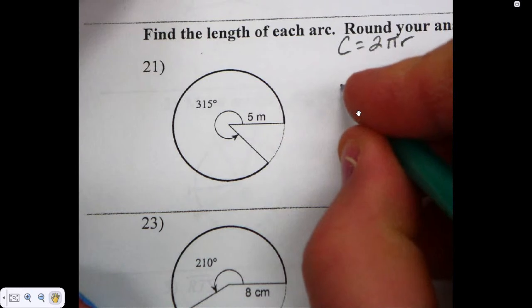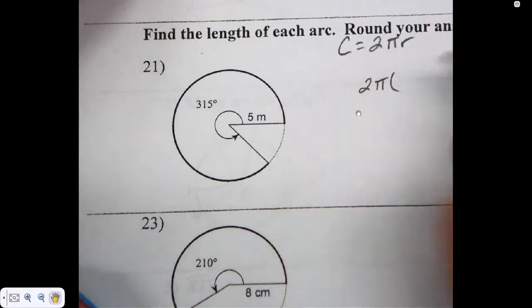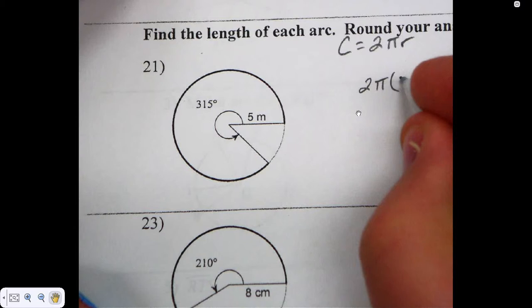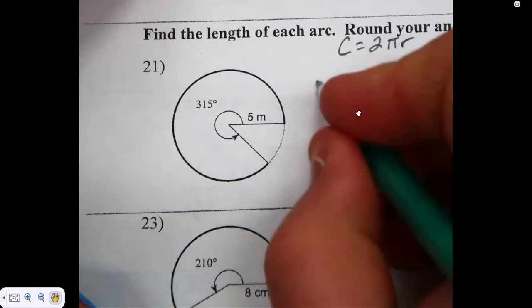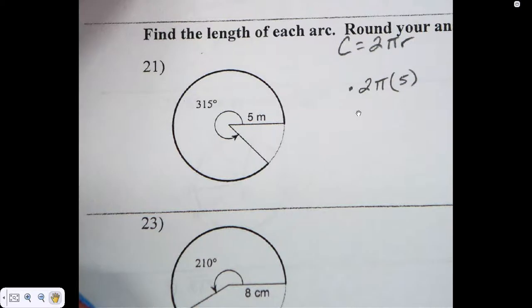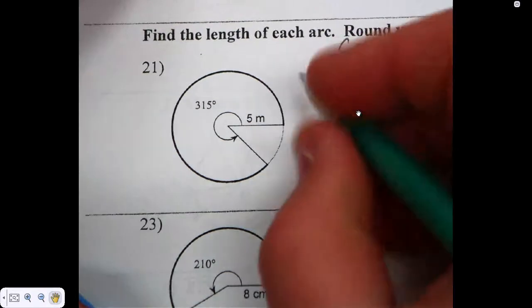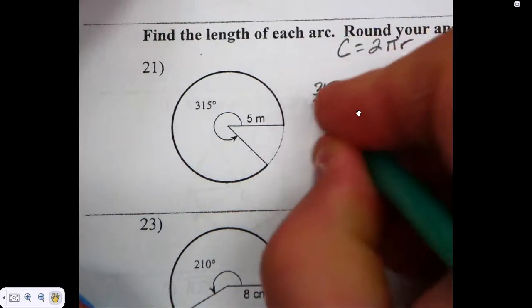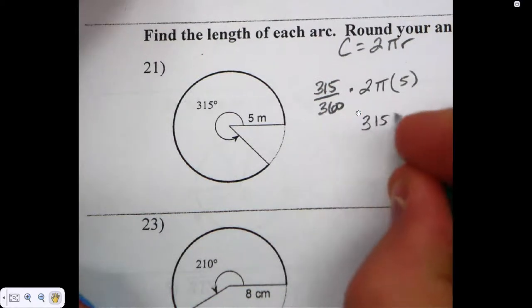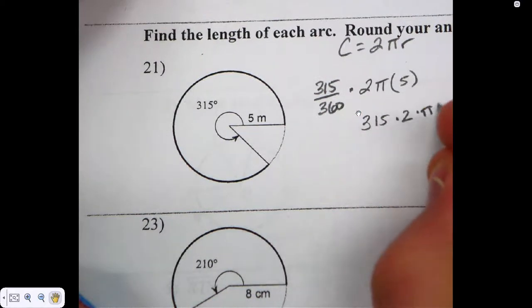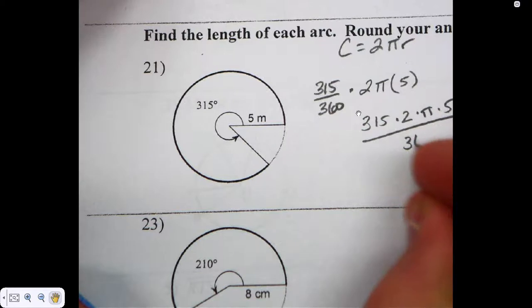Anybody? 2 times pi, what's the radius? 5. What do I have to multiply this by? Somebody? 315 over 360. So basically on the top you have 315 times 2 times pi times 5, all of that divided by 360.